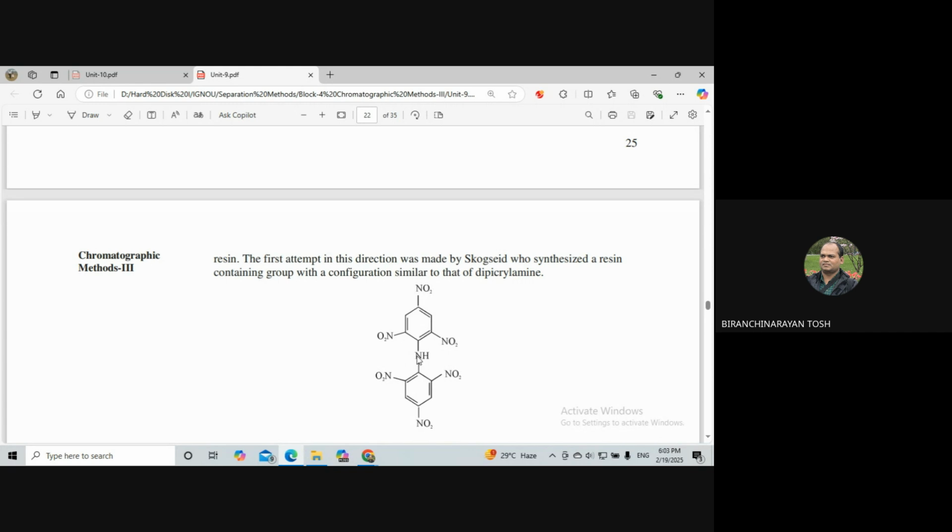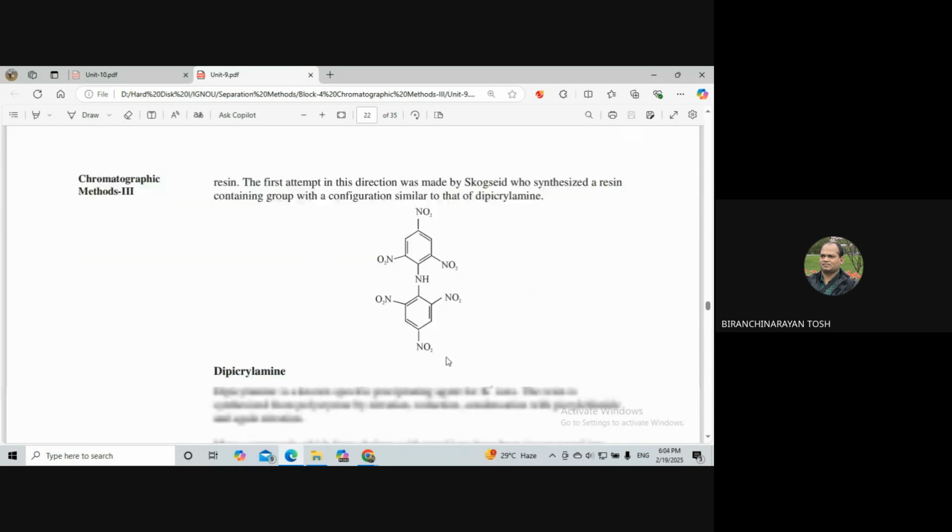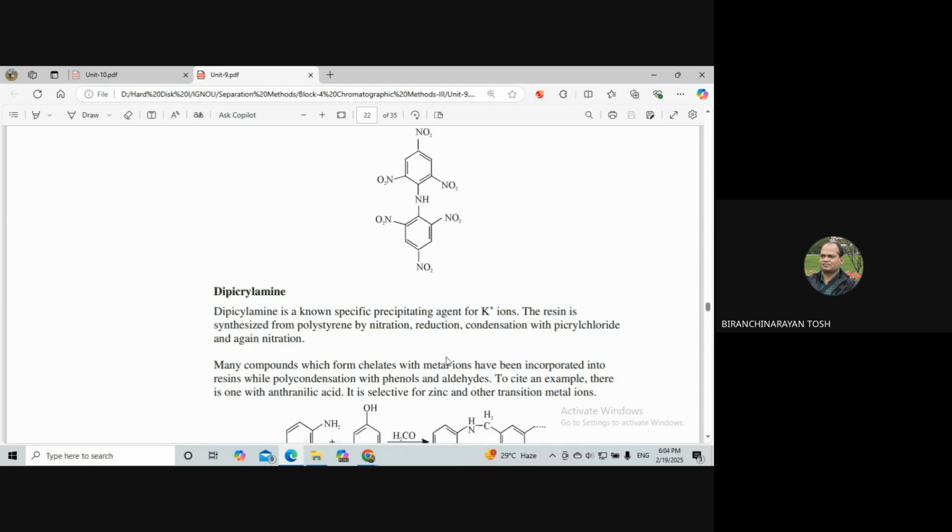So this is dipicrylamine, which is a non-specific precipitating agent for potassium ion.